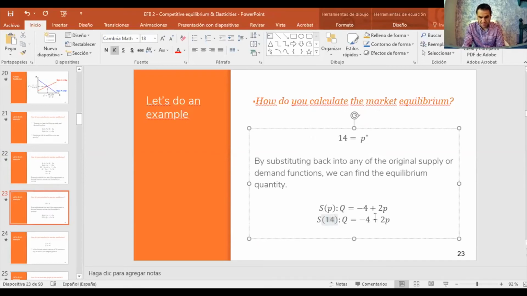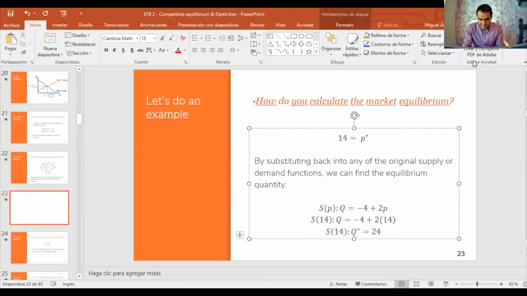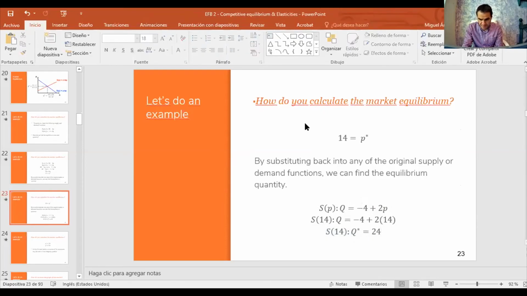So in this case, the supply at 14 equals 2 times 14. 2 times 14 is 28. Minus 4, this implies that the supply curve gives us the equilibrium quantity. There we go. And just like that, we have found both the equilibrium price and the equilibrium quantity.